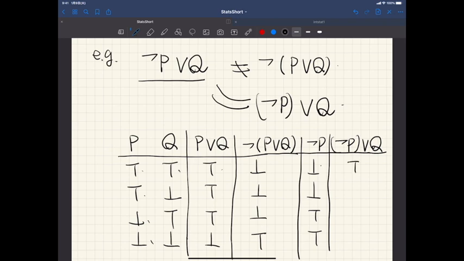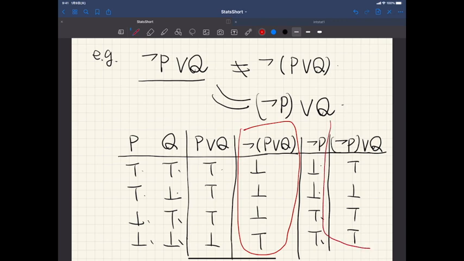So that's true, this or this. So it's false, this or this. So it's true, this or this. So it's true. So if you compare this column and this column, you see they're different. It's true, false, true, false, false, false, true, false, true, true.